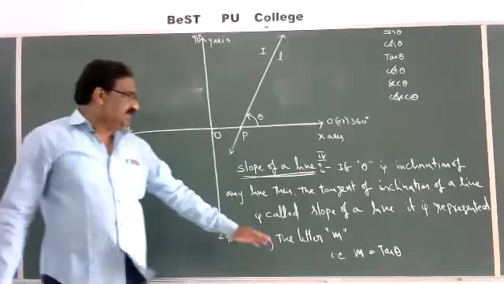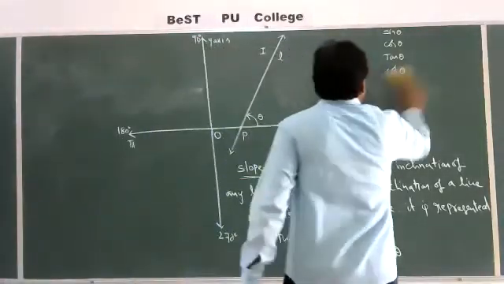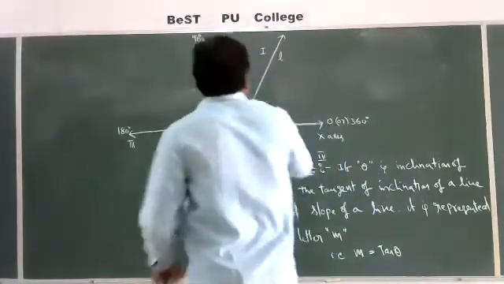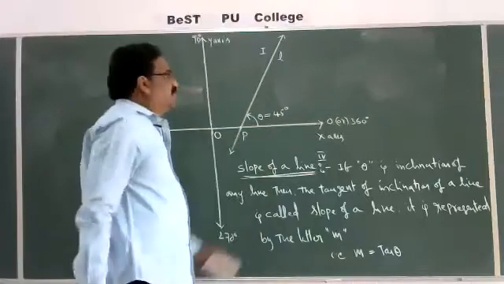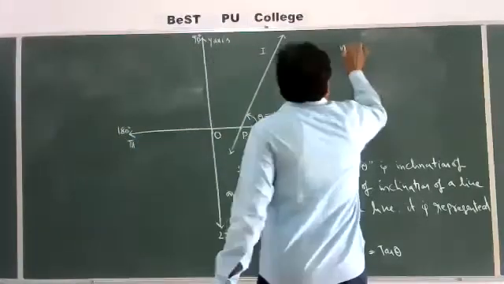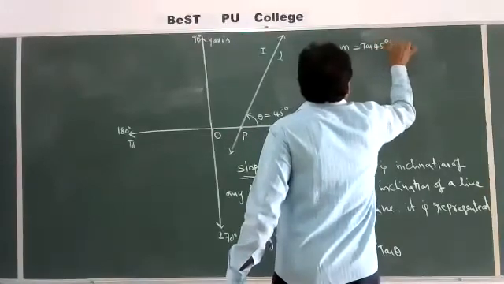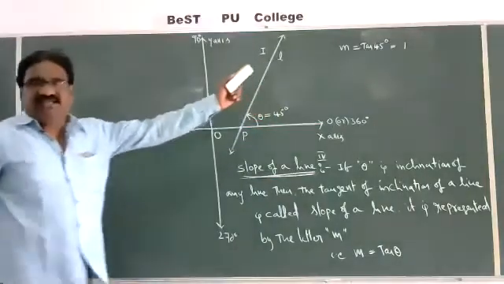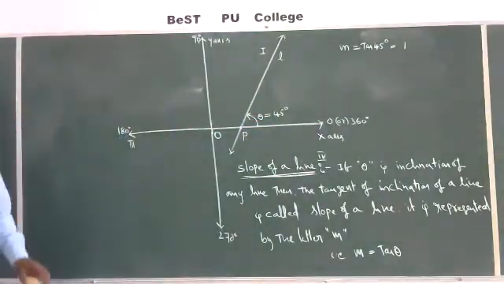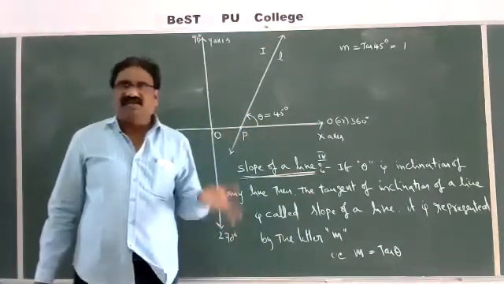It is represented by the letter small m. For example, this line making an angle theta equal to 45 degrees, then slope of that line, m is equal to tan 45 degrees. You know, tan 45 degrees is 1. So slope of the line, m is equal to 1. So if you know the inclination, then we can find out the slope of the line.